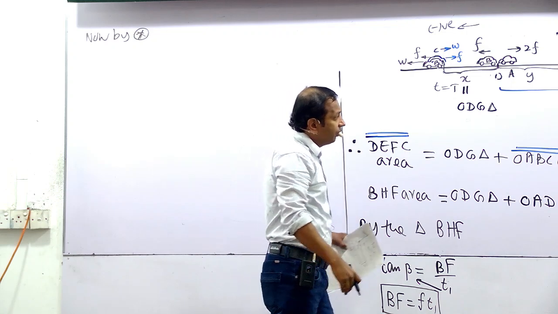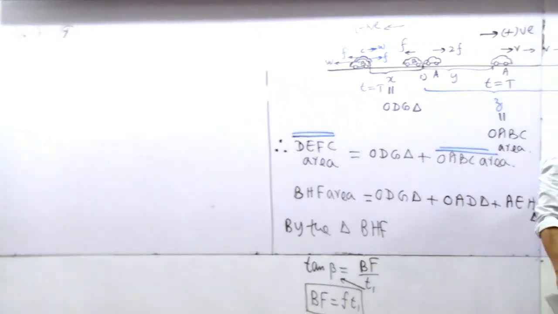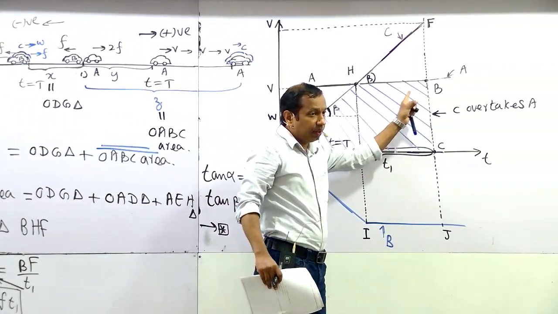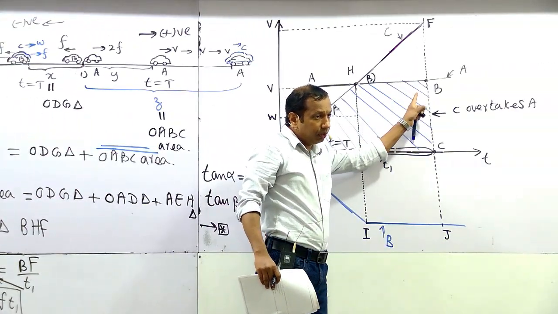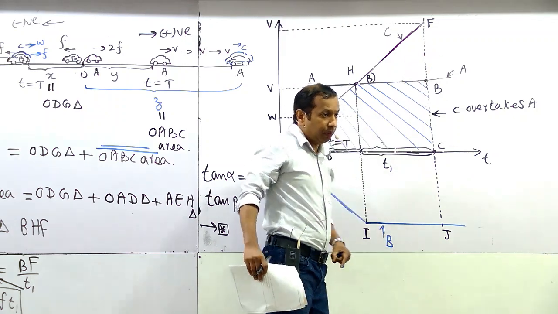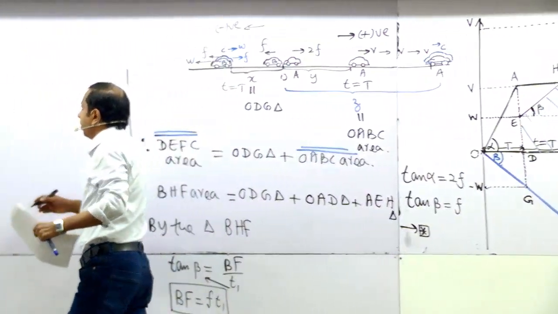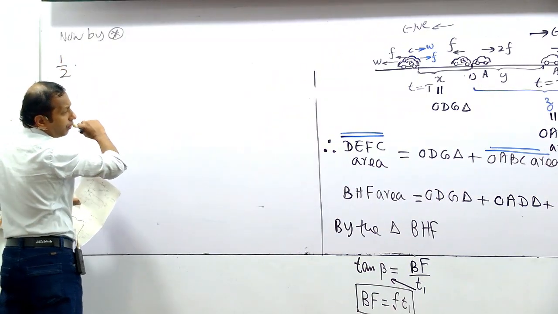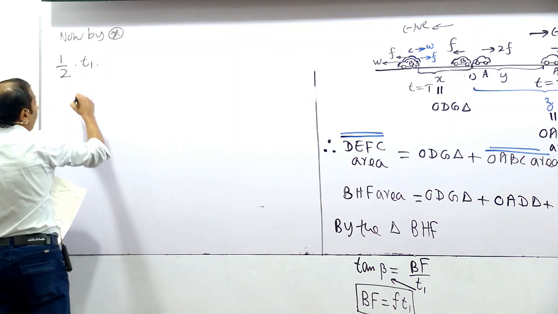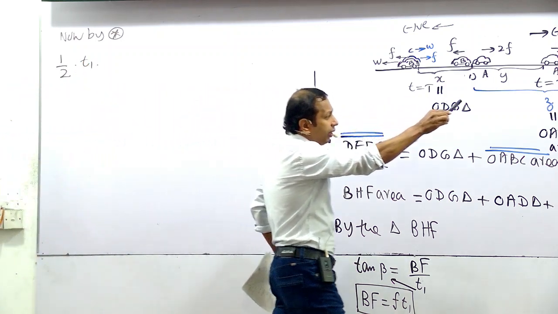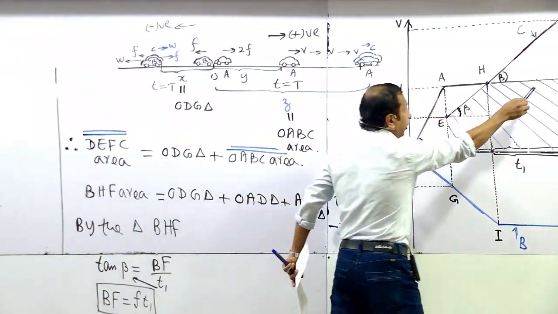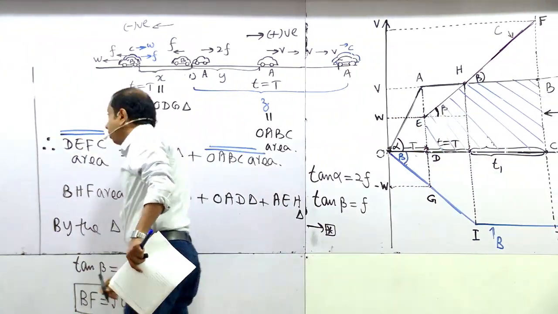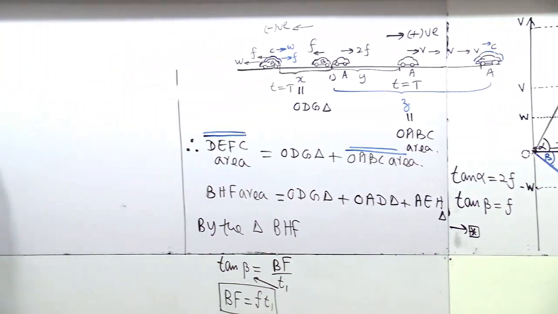The BHF area, this area, how to find it, people? It's a triangle. Half base into perpendicular height. Write down half. Base is T1. Perpendicular height is BF, and BF we found to be FT1.